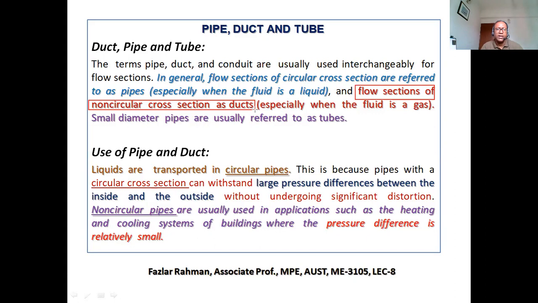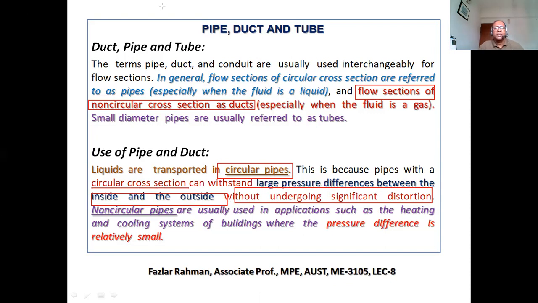Now, when will you use a duct, that means rectangular cross section, and when will you use circular? It's saying for transportation of liquid, you use circular pipe, because a pipe with a circular cross section can withstand large pressure difference between inside and outside without undergoing significant distortion.